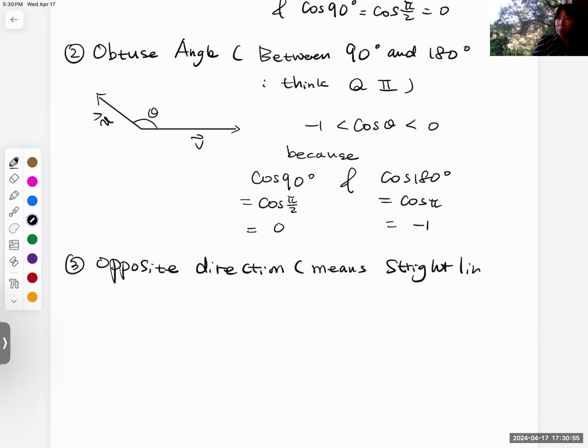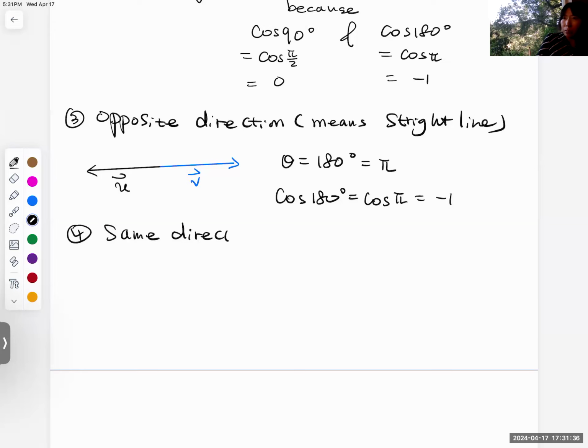So cosine 180 degrees, cosine pi, is negative 1. Okay, same direction. If we have a vector u going in this direction and vector v going the same direction, then cosine theta equals 1, because theta is 0, and cosine 0 is 1, right?